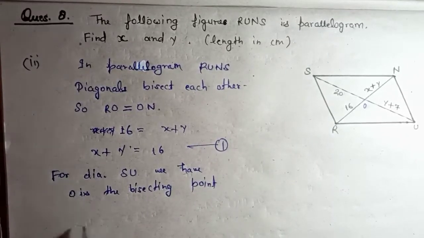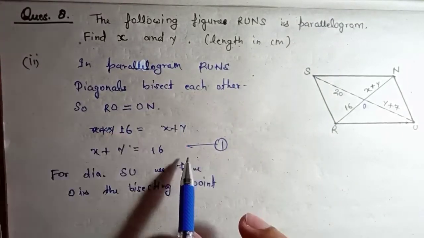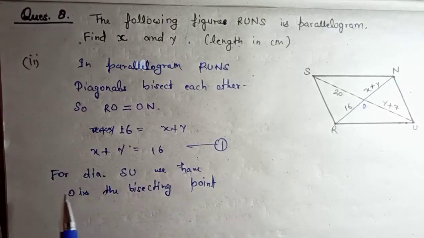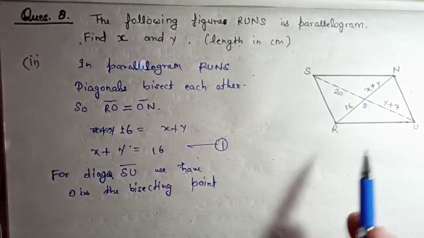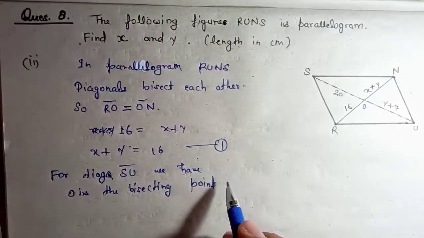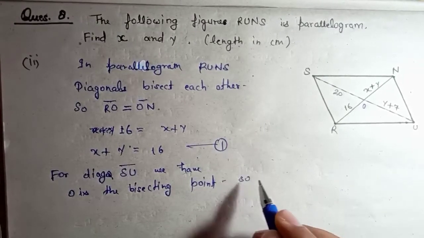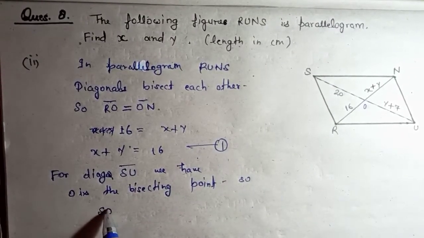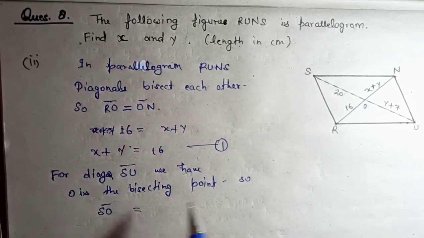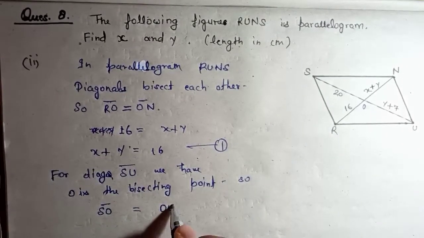You should write these two lines here for the formation of this equation 2. We have O is the bisecting point, so SO is equal to OU.